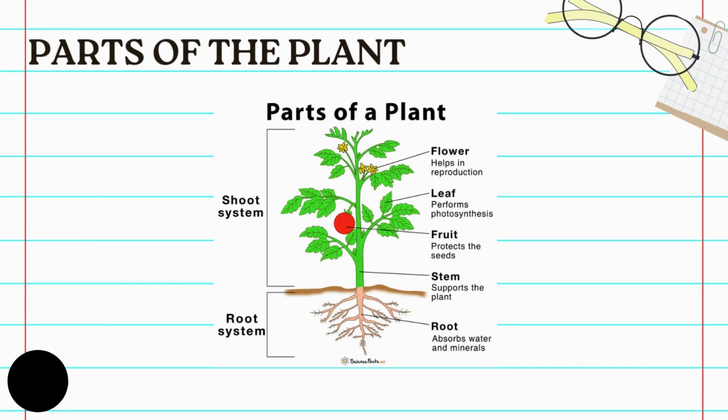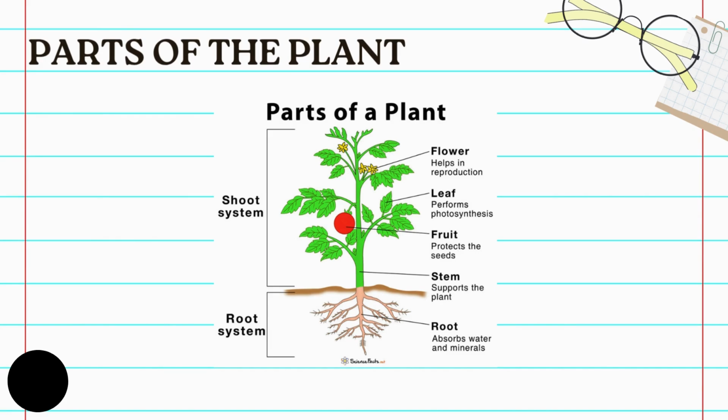We have fruits that produce seeds, the stem, which plays a role in the plant growing taller, reaching the sun or the light source. We have the roots, which absorb water and minerals, also for the nourishment of the plant.